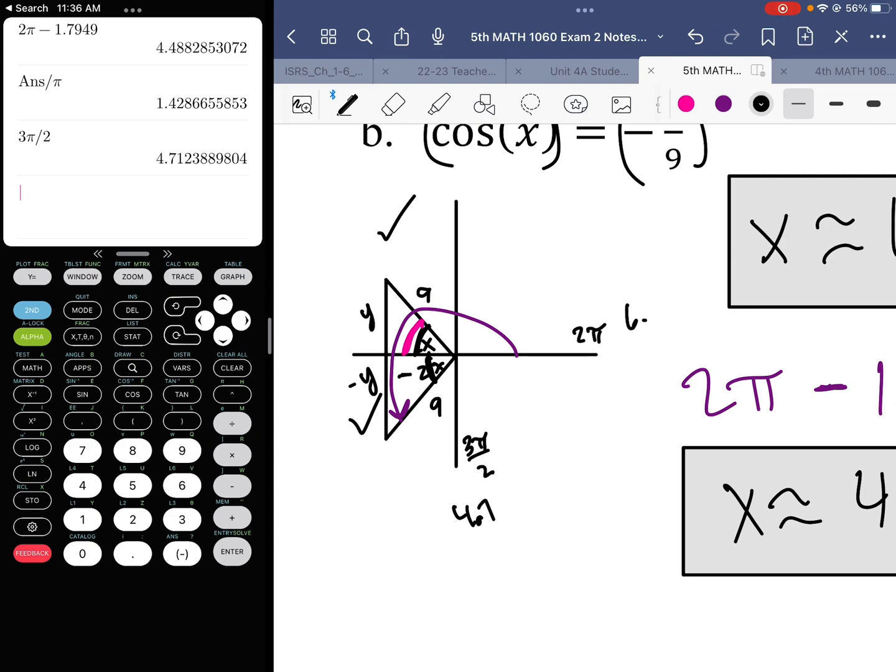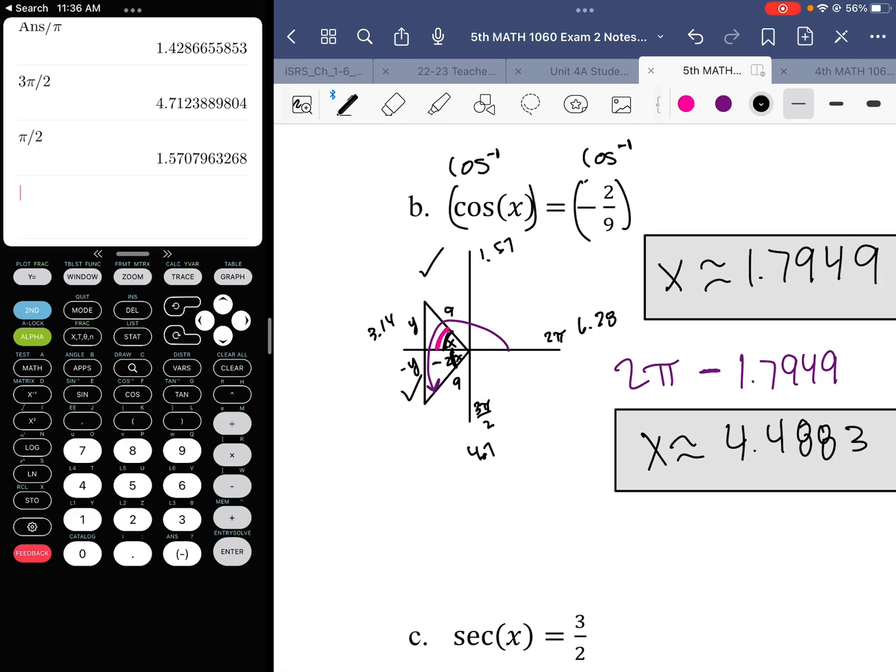This is like 6.28. This is like 3.14. This is, let's see, pi halves, it's like 1.6-ish, right? So if we're saying it's at 4.7, or 4.4, I'm sorry, then that makes sense for it to be here because it should be between 3.14 and 4.7.